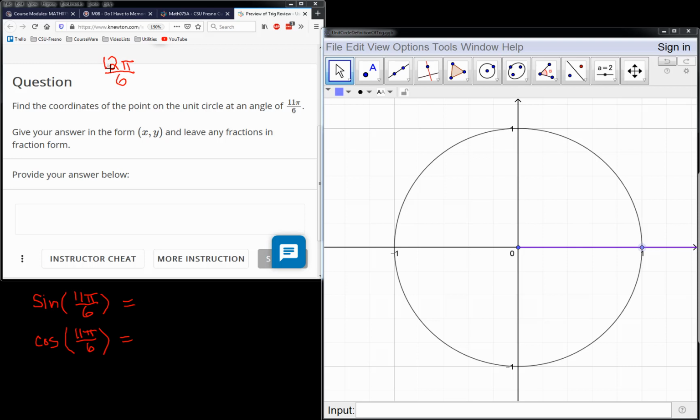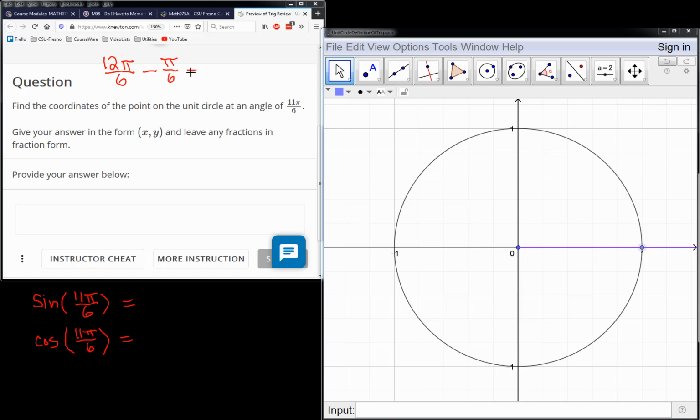And you say, well, why did you pick 12 pi over 6, Travis? The answer is, well, because 6 goes into 12 a whole number of times, twice. And so this is going to be a nice number. But 11 pi over 6 is not quite this. It's only off by a pi over 6.